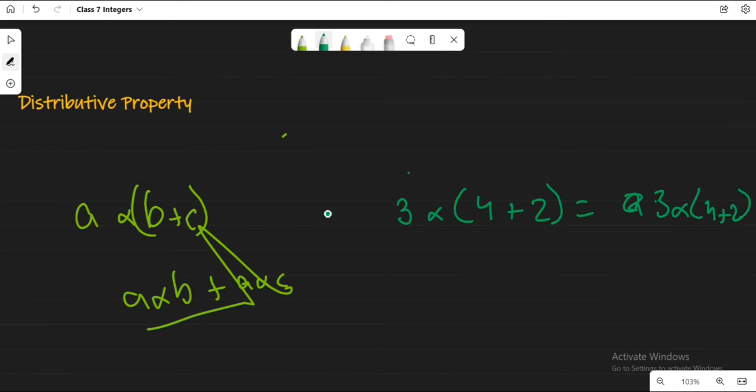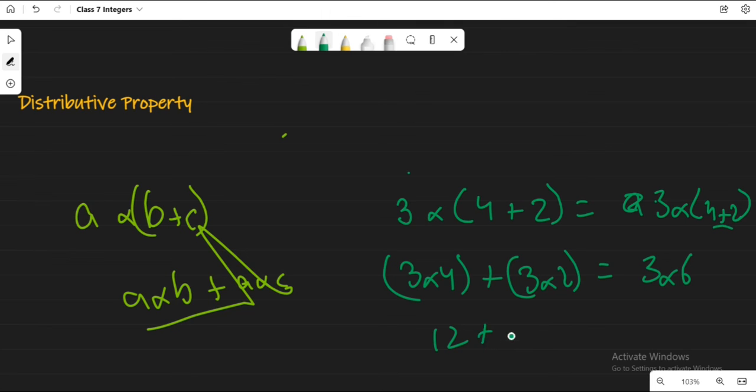So let's do it the way a into b plus a into c. This means 3 into 4 plus 3 into 2. Now let's do the other way: 4 plus 2 is equal to 6, and 3 into 6 is 18. And 3 into 4 is equal to 12, and 3 into 2 is equal to 6, and 12 plus 6 is 18.